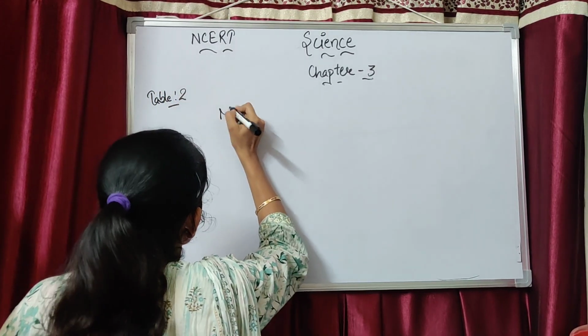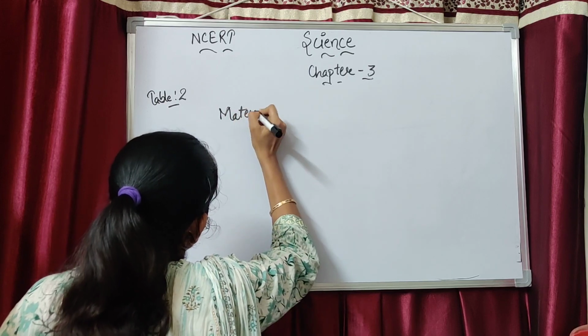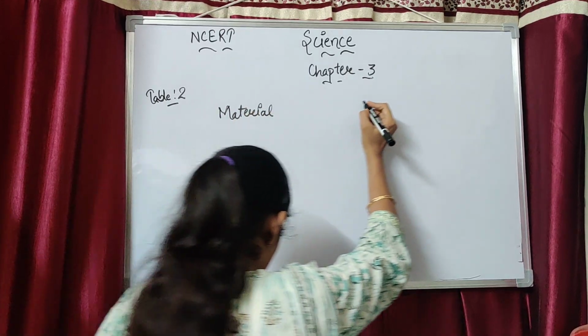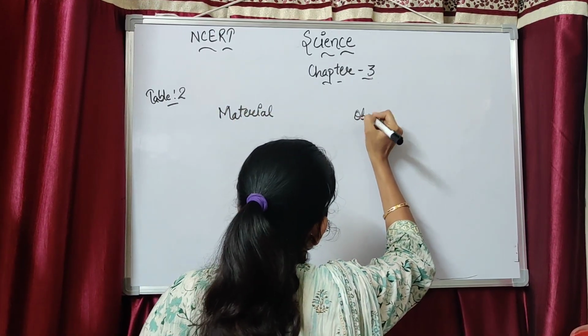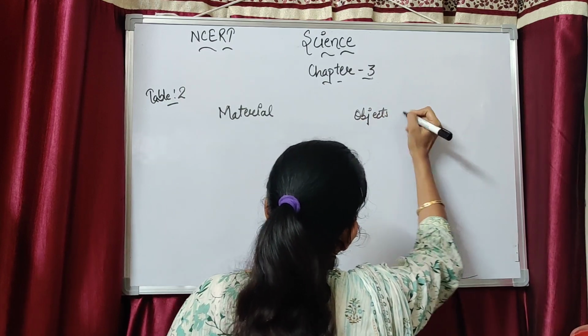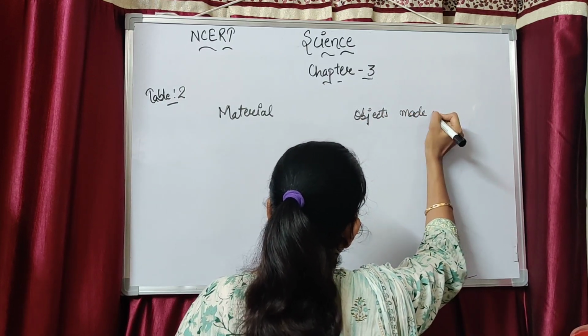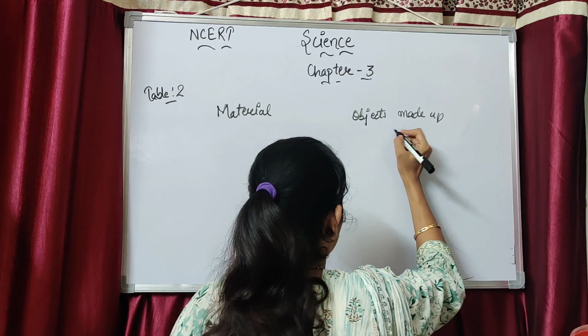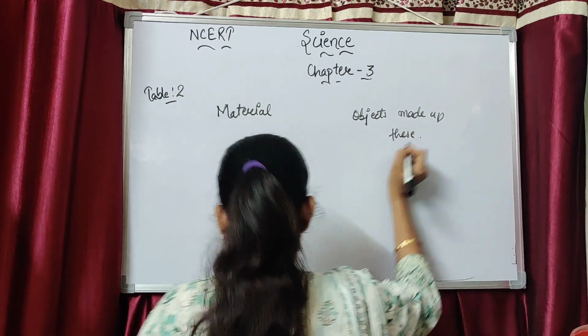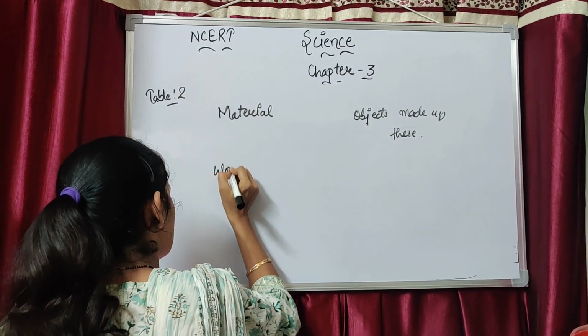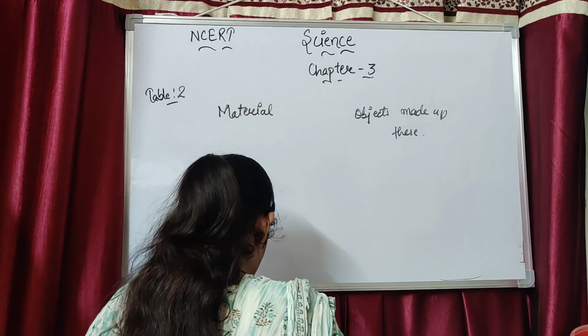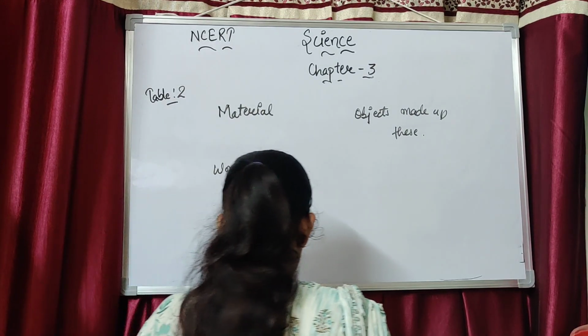Table second, material and objects made from these. First is wood, the material is wood. So what can we make?